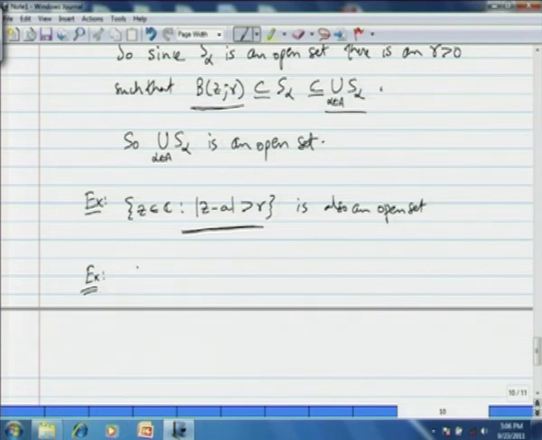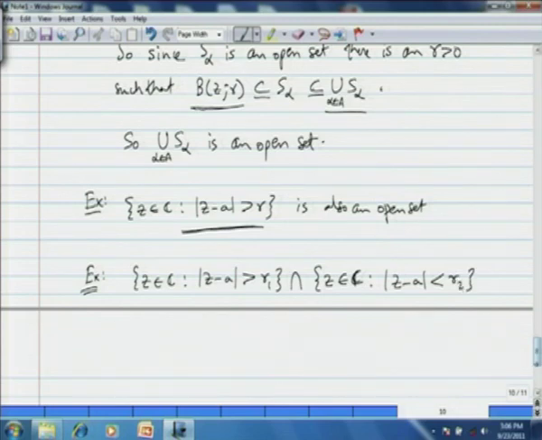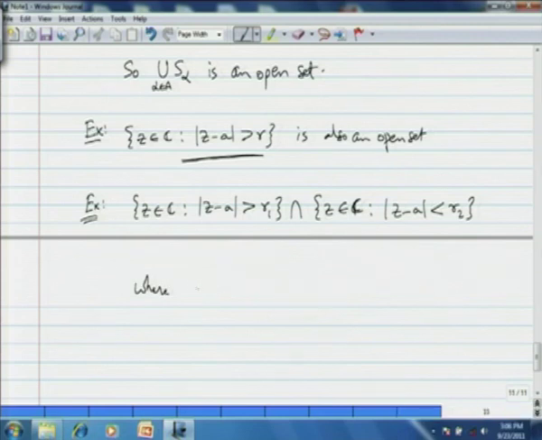When you consider the set of all complex numbers which are greater than r1 away from a complex number A, and then intersect it with the set of all complex numbers such that the modulus of z minus A is strictly less than r2, where r1 is some chosen number strictly less than r2, then what you get is the following.